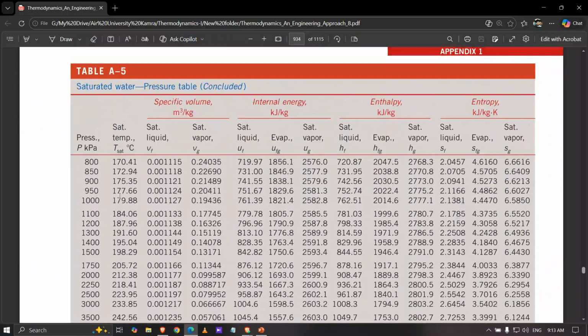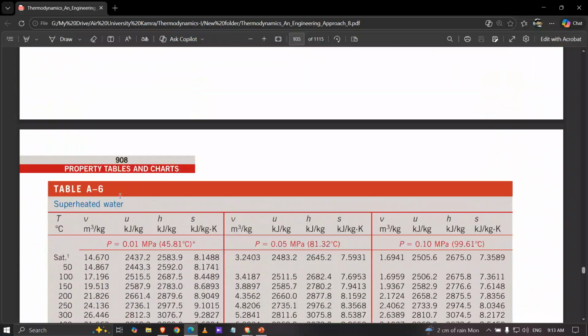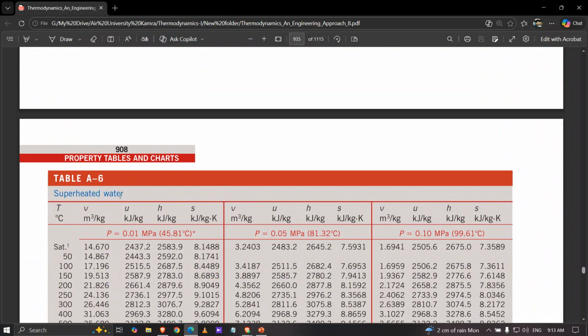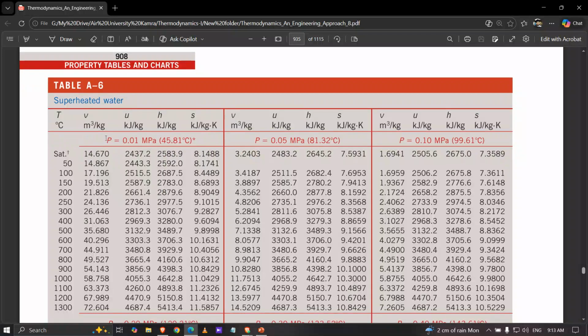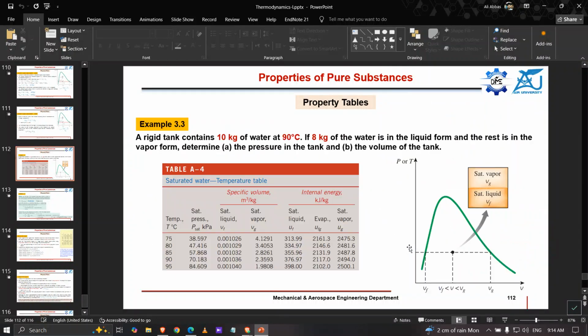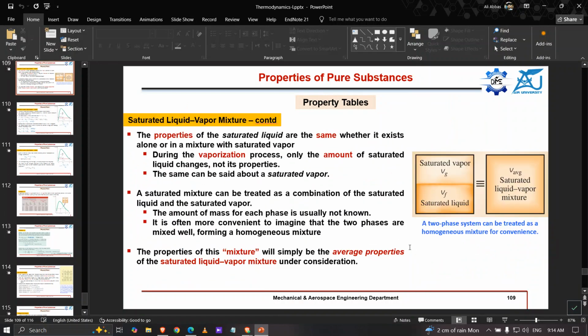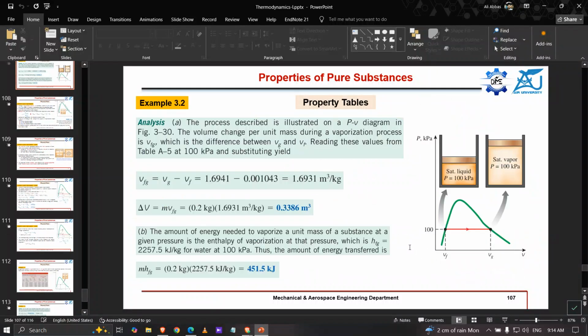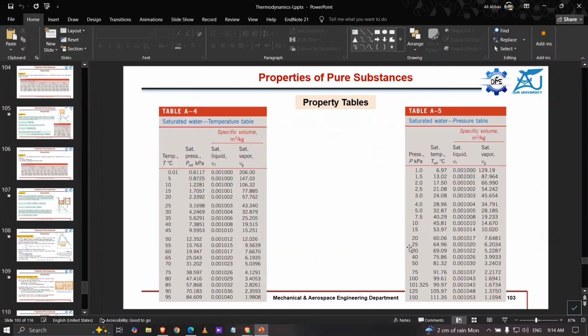But for superheated vapors, this is a little bit different. This means for a given pressure, you can have multiple temperatures. We can understand this from the temperature volume diagram, the TV diagram.